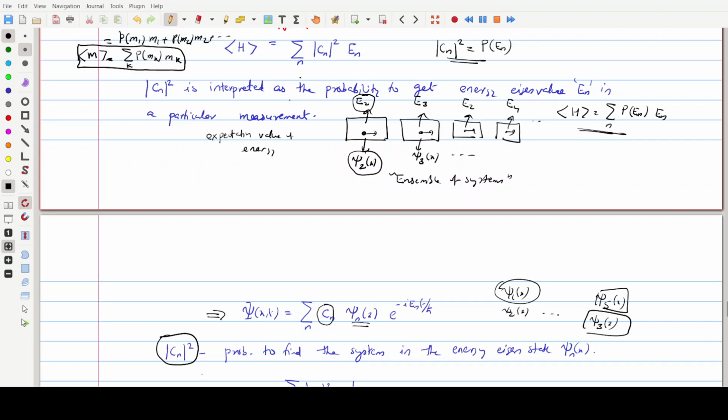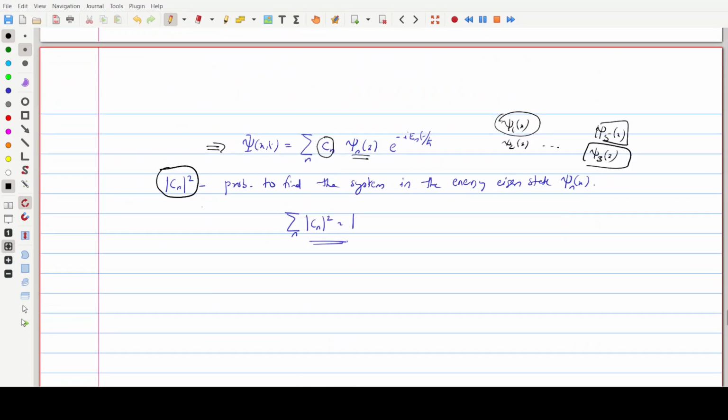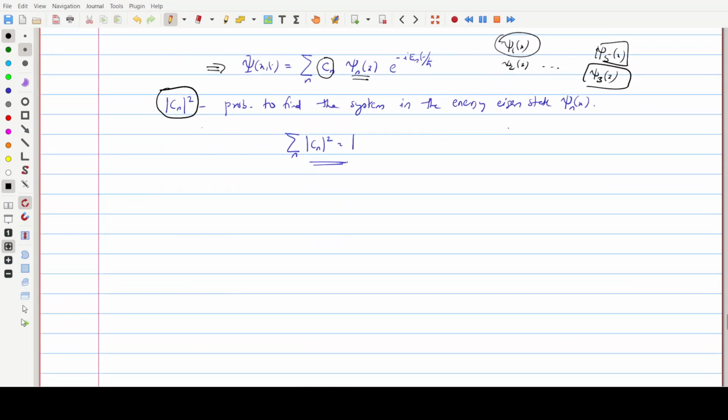In the same way, you can expand the system into other eigenfunctions as well. For example, in the case of a spin system, you can expand the state in terms of the spin eigenstates. Then the expansion coefficient would give the probability to find the system in one particular spin state. For example, consider a spin particle.